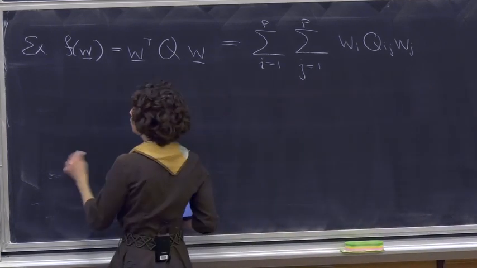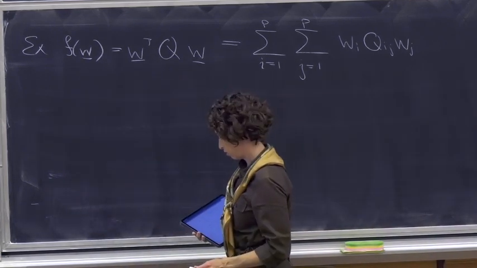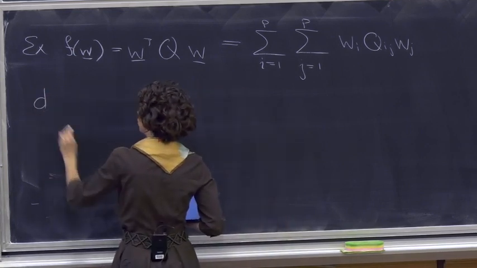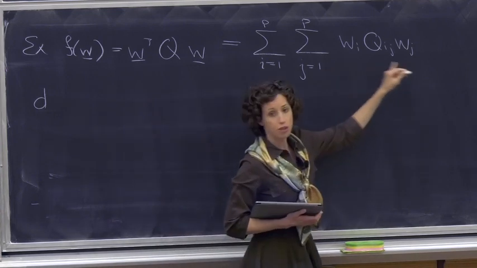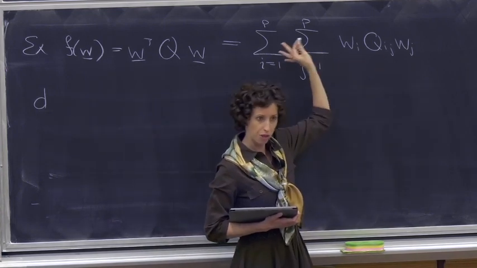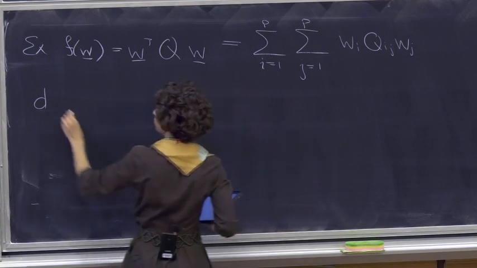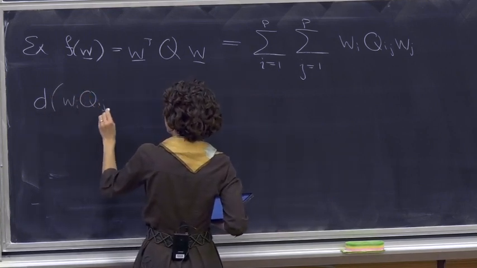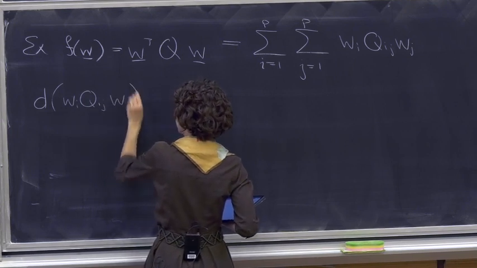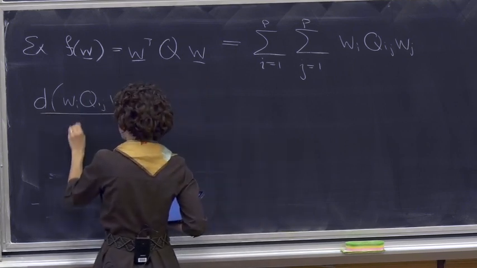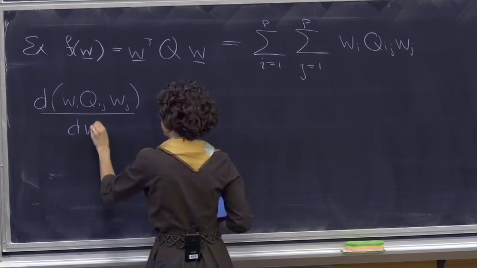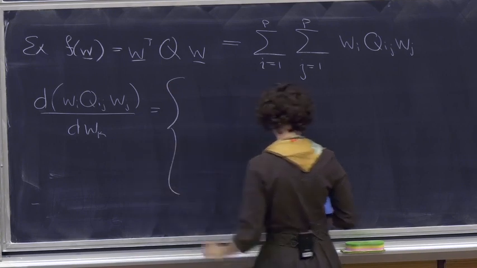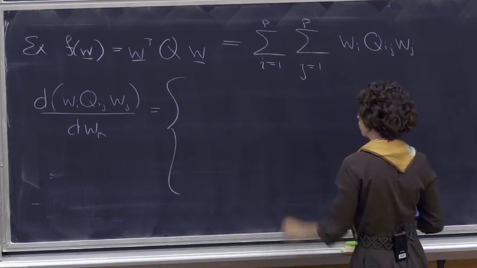All right, so now in order to compute the gradient, we need all of these different derivatives. So let's compute the derivative of just one term in this sum before thinking about the whole sum. So what's the derivative of wi qij times wj with respect to wk? So we want to think about what that derivative is, and there's three possibilities.